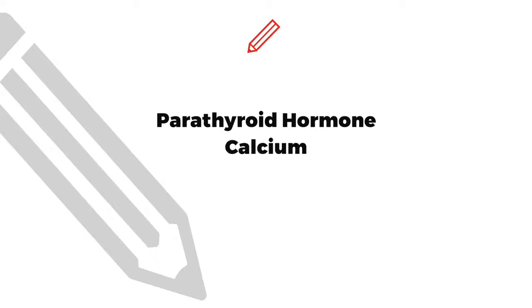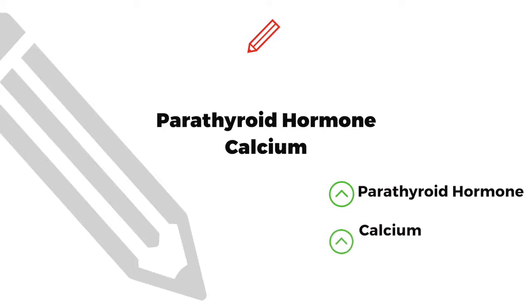I want you to take a look at this visual, and we're gonna come back to this visual for physiology too. Okay, so when we talk about parathyroid hormone, it senses how much calcium is in the bloodstream, okay? If you have too much parathyroid hormone, you are going to have too much calcium in the bloodstream.